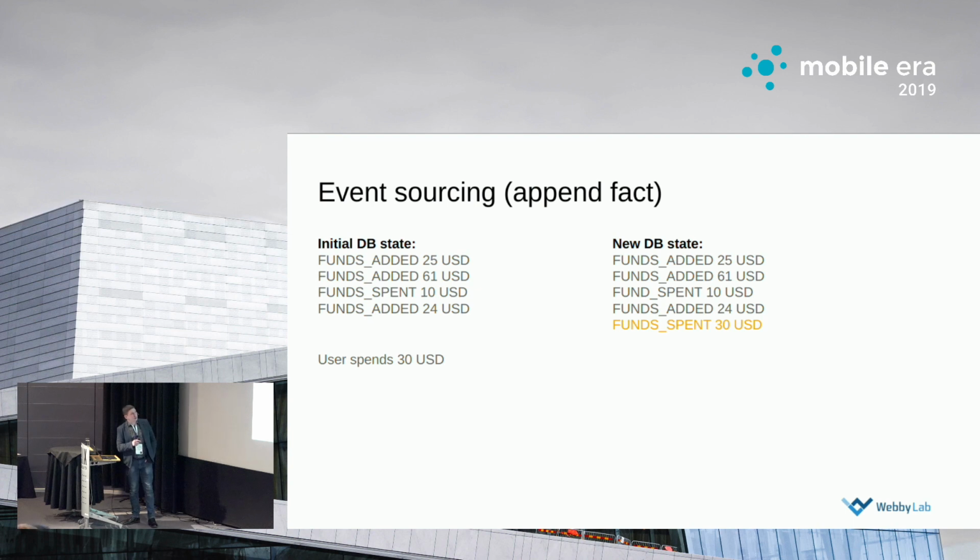With event sourcing, it will be absolutely different. We have this log with events, and the initial DB state is not $100, but a set of facts. If we sum up all of the transactions, we will have $100. And if the user spends $30, then we just add another line to our log file.